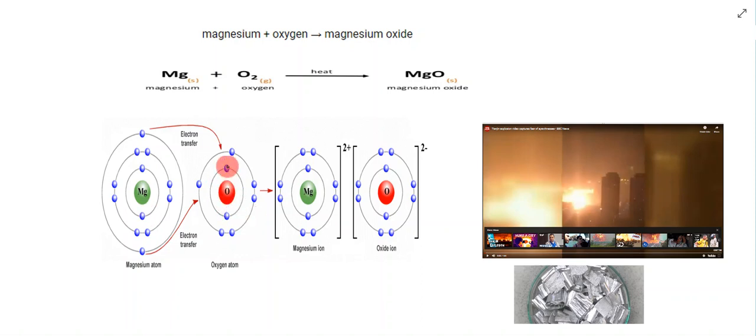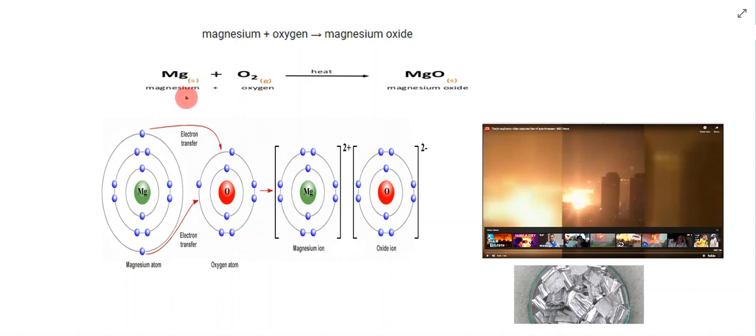Oxygen has 2 electrons in this shell, and then 6 electrons in this shell. Oxygen wants to get 8 electrons in the outer shell, so it wants to receive 2 electrons. Magnesium, on the other hand, wants to give away 2 electrons, in order to have an outer shell of 8 electrons.